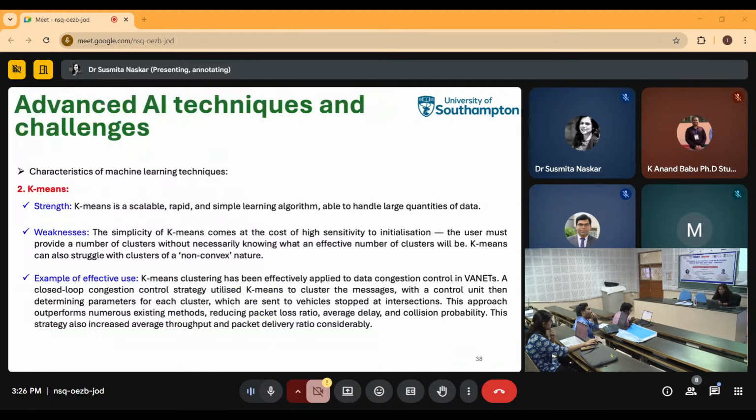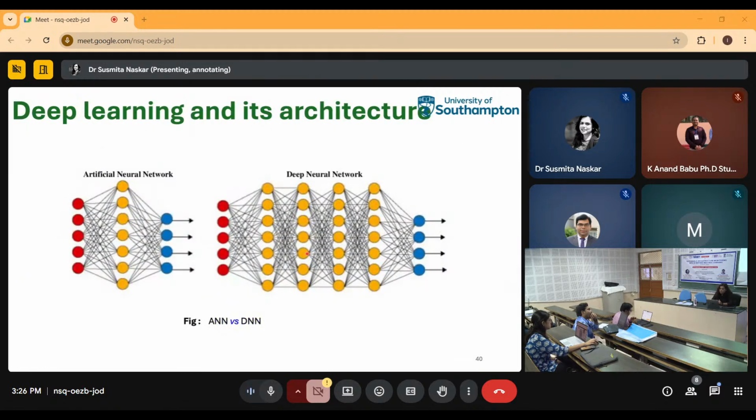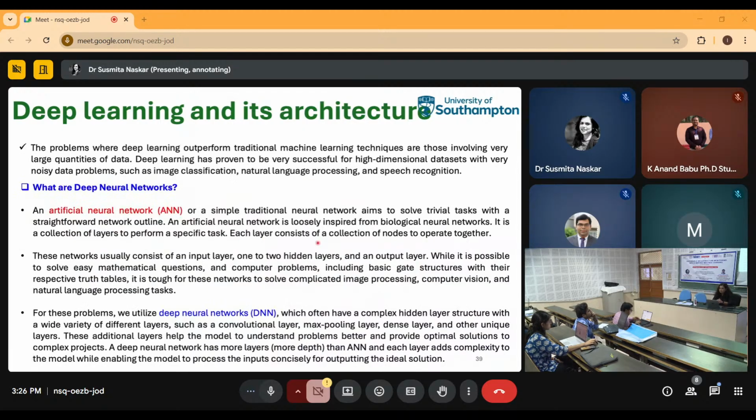So the more you increase the layers, the more complicated your model becomes, right? But your model will have more capability to understand more complex data, right? And that is how we develop the DNN depending on our need, right?